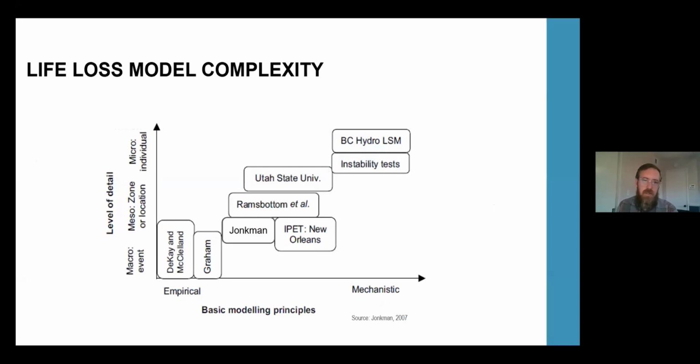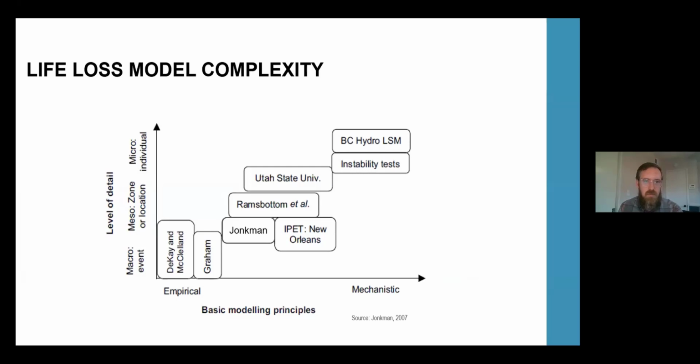Bas Jonkman in the Netherlands developed this chart to understand model complexity as part of his PhD thesis, and this was done in 2007. You can see the range of available consequence methodologies, all the way from Dekay and McClelland on the lower left, and the Graham method developed at Reclamation, Jonkman's own method there, IPET, which was done after Katrina in New Orleans.